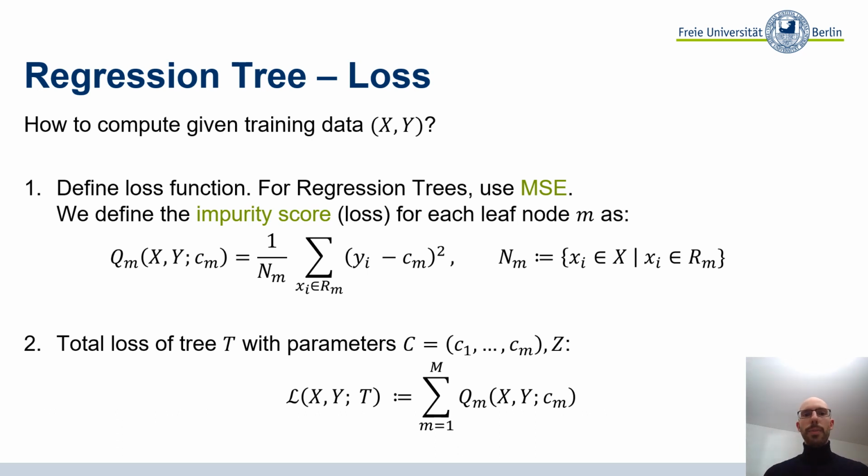And now we define a so-called impurity score, or a loss, for each individual leaf node of our tree as follows.